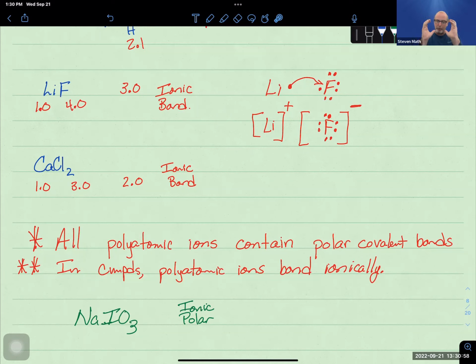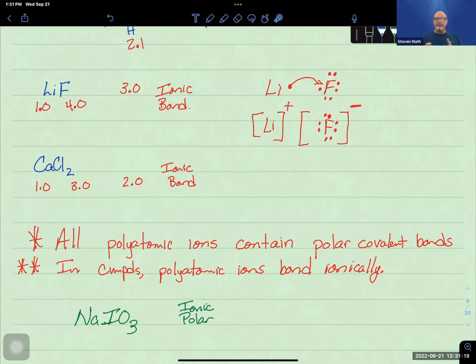I have to use brackets to signify that it's an ion. I put the charge in the upper right-hand corner, and the cation usually doesn't have any electrons. And the anion has 8. So that's what a Lewis structure for that ionic compound would look like.